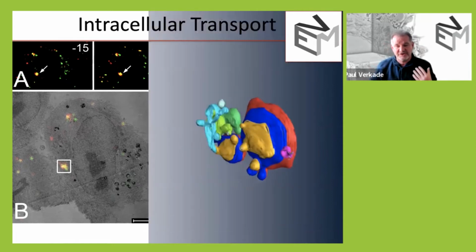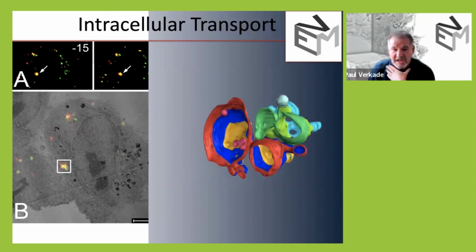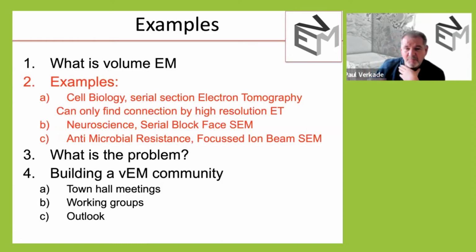Those kinds of connections, recycling of transferrin. And so only by doing this serial section electron tomography could we find that connection. So that's where it was really important, and we wouldn't have found it any other way in this case, to find that connection between the endosome and the plasma membrane.